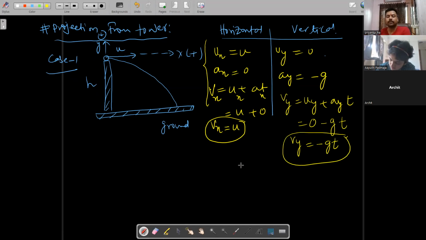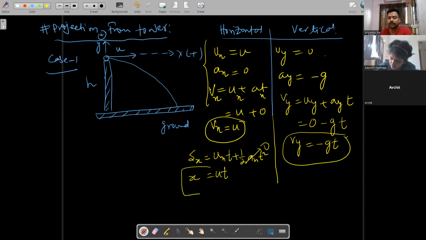Suppose at any point you want to find the displacement along the x-axis and along the y-axis. Displacement along the x-axis is ut plus half at square. So u is u, t is t, and there is no acceleration, so that term will be 0. So the displacement along the x-axis, let's say, is x.